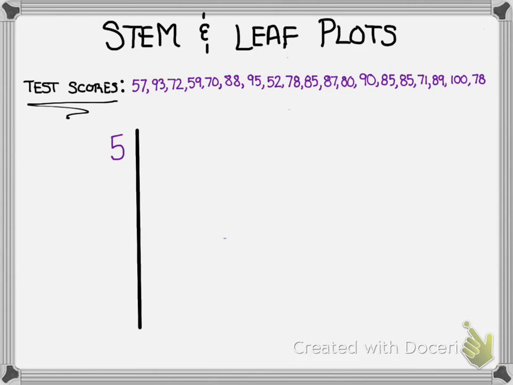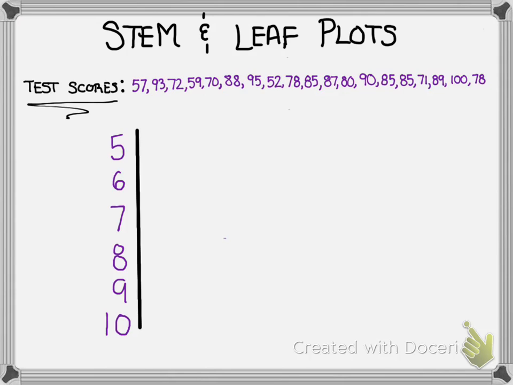So if this 5 represents 50, we'd have to go through the 60s, through the 70s, through the 80s, the 90s, and like we said, once we get to 100, a three-digit number, that stem might be 2 digits long, but that's fine. So we put a 10 there to represent the hundreds.